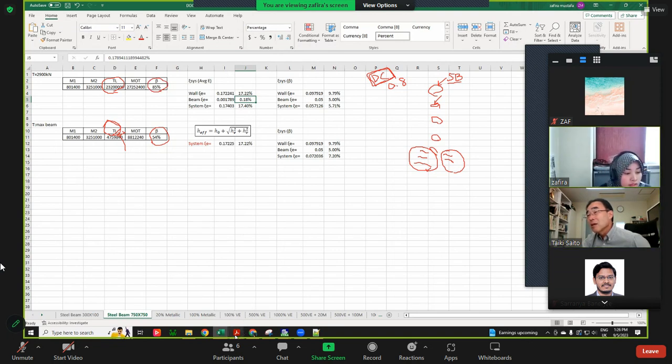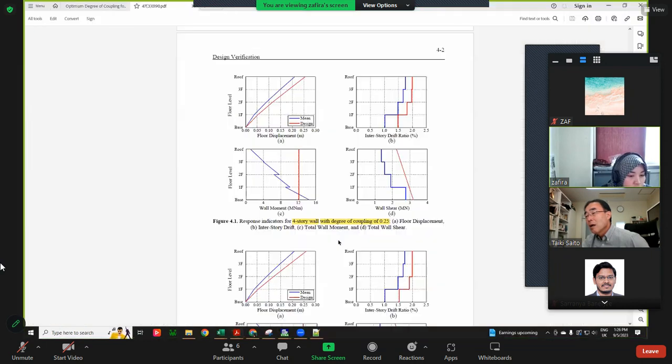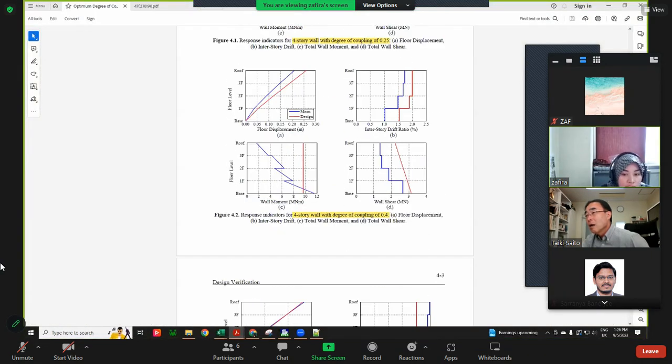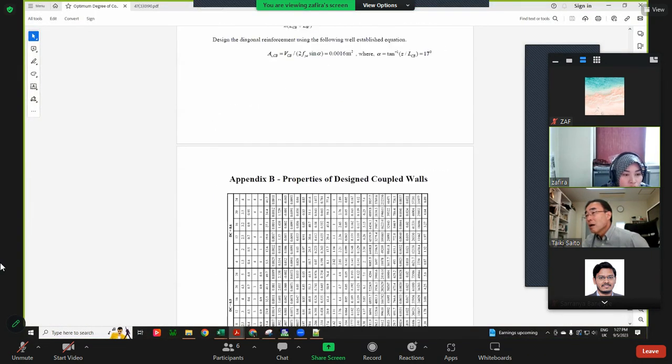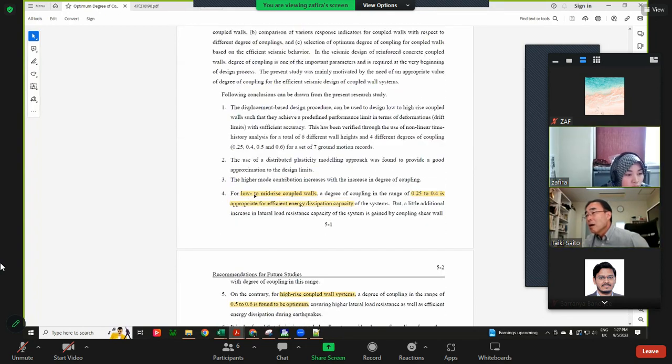And Sensei, for a 10-story building, based on this study from the Tokyo Institute, he said that for lower story buildings, it's normal to have less than 50. Like in his conclusions here, for low to mid rise coupled walls, the degree of coupling is around 25 to 40%.